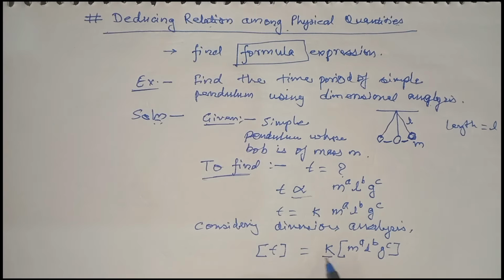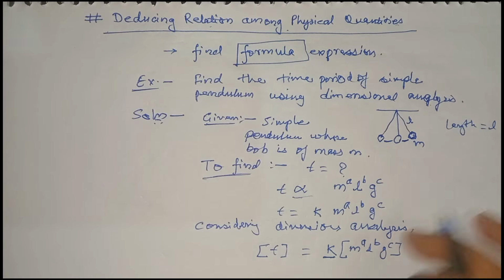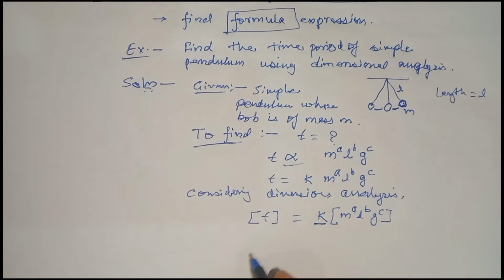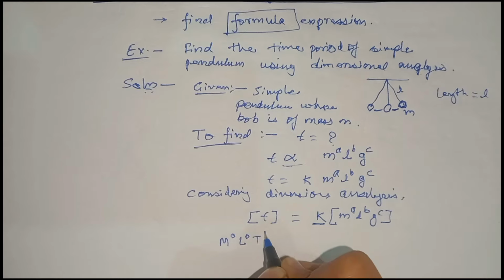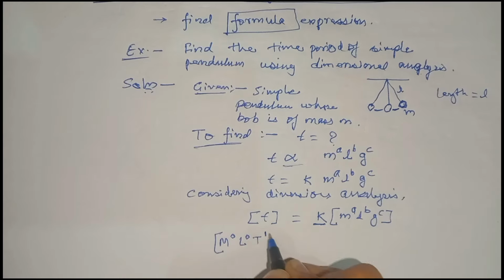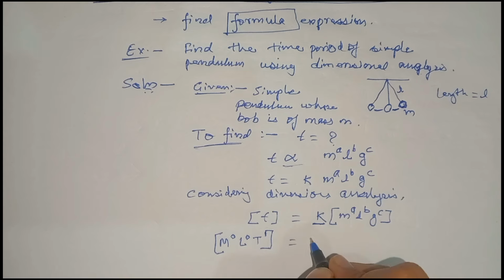K is a constant, so there is no question of dimension. Then what is the dimension of this T? M will be 0, L will be 0, and T will be 1, because there is only one quantity, that is time.